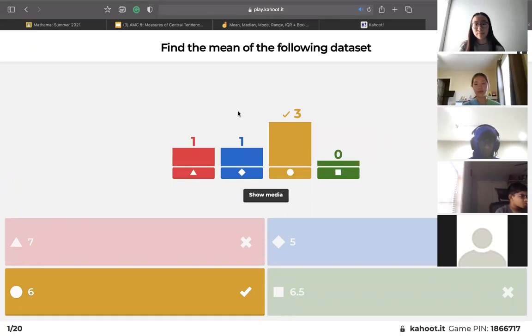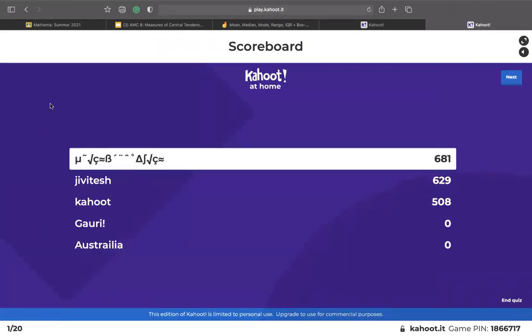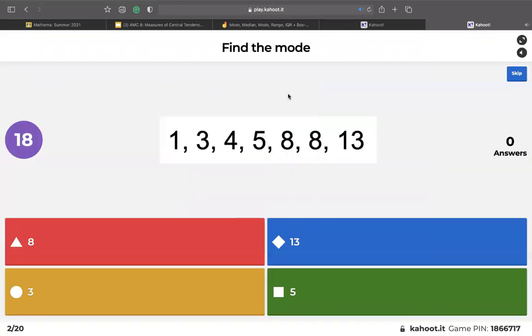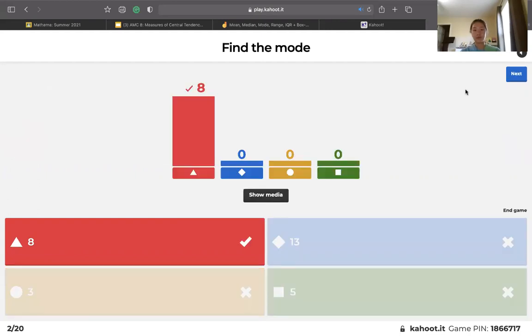Yeah, so the time limit may have been a little short, but you just find the average. The next ones will probably be easier. Yay, good job.